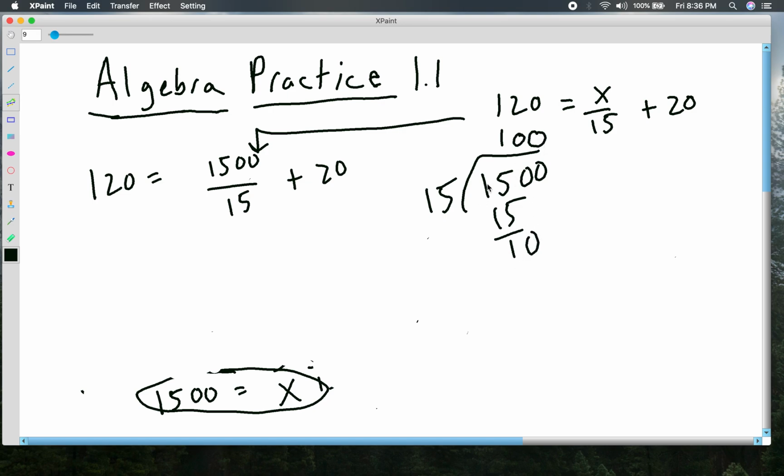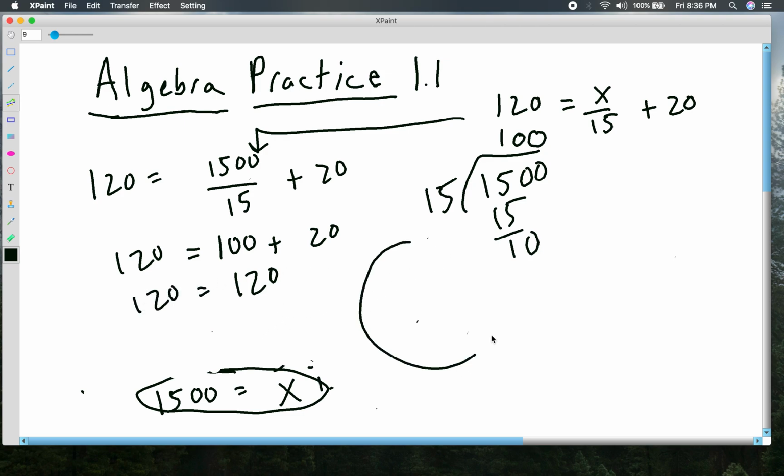Oh boy. So 15 goes into 1500 100 times, plus 20 equals 120. 120 equals 120. Hallelujah. Got it.